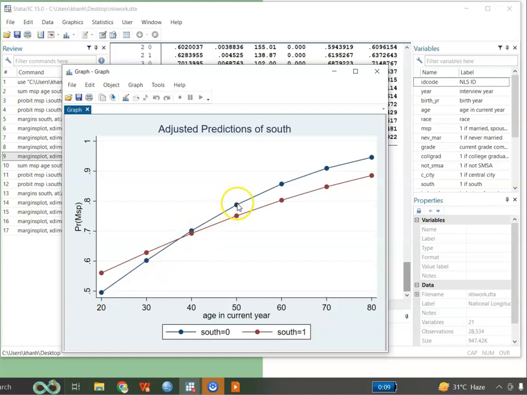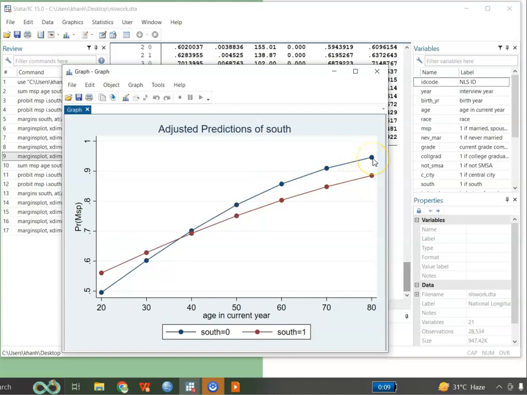This is the marginal predicted probability of someone being married and living with his spouse, given that he is at age 50 and not living in the south. This is the marginal predicted probability of someone being married and living with spouse, given that he is living in the south and his age is 50, and this one is for someone not living in the south.